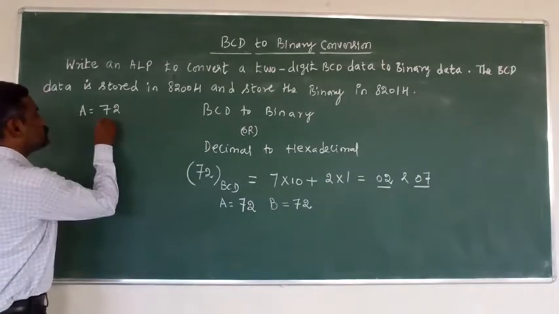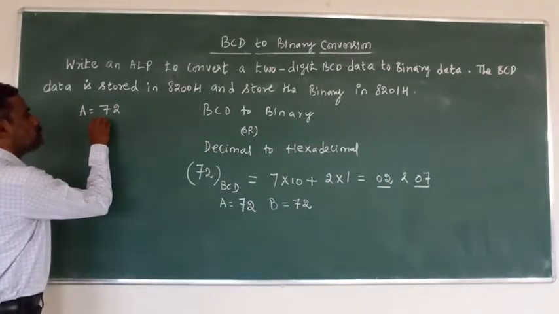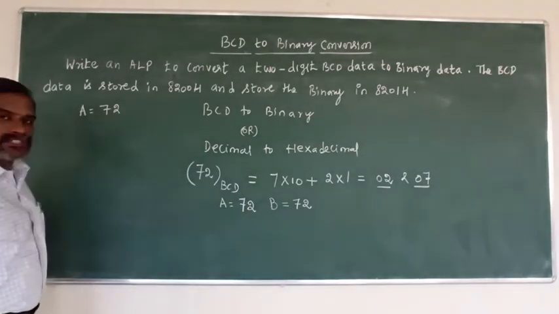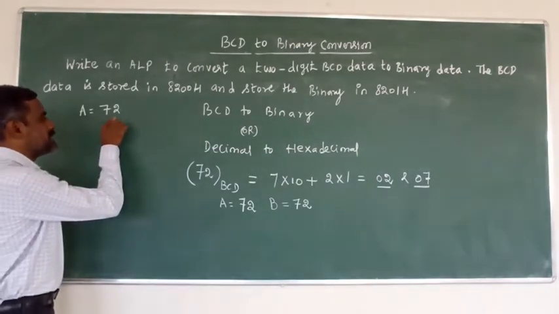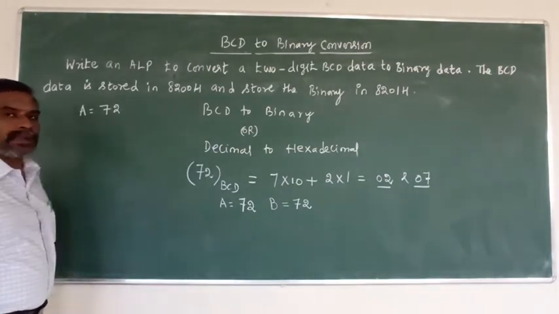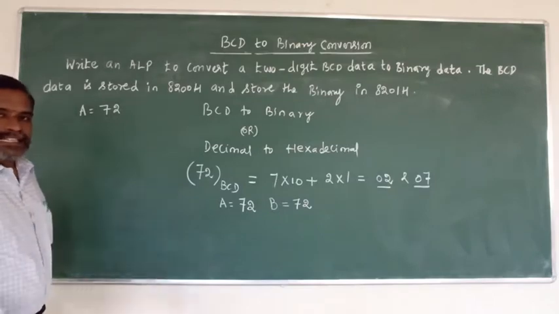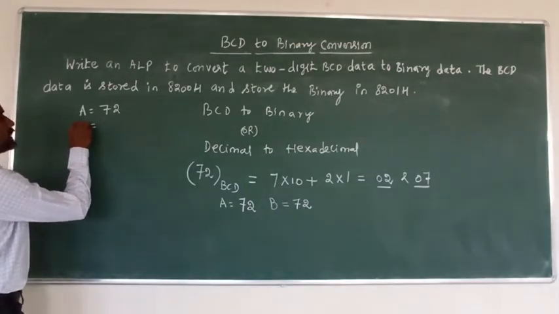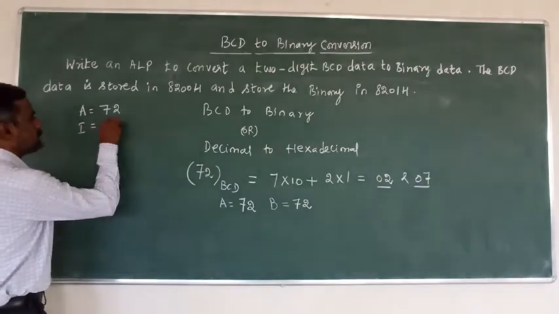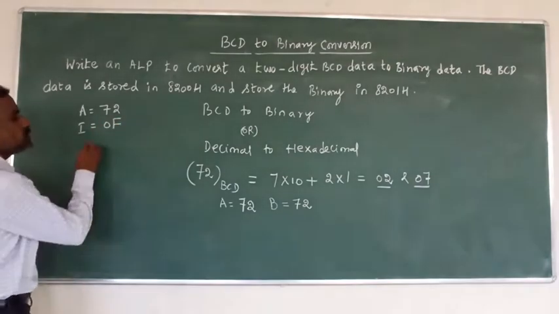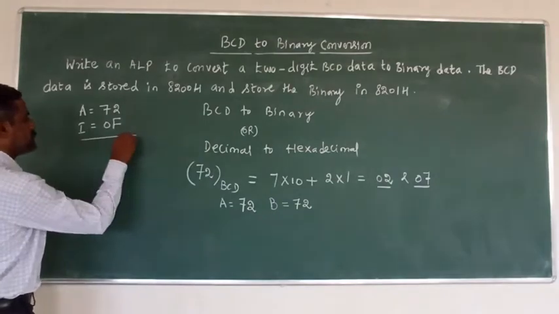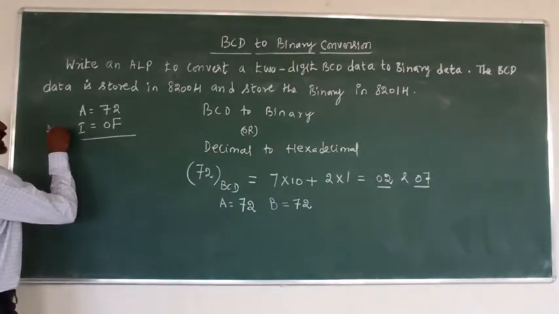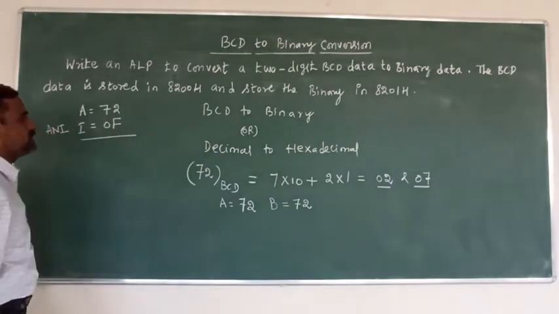For that, mask the most significant 4 bits to 0 and keep the least significant 4 bits as they are, by logically ANDing immediately with 0F: ANI 0F.